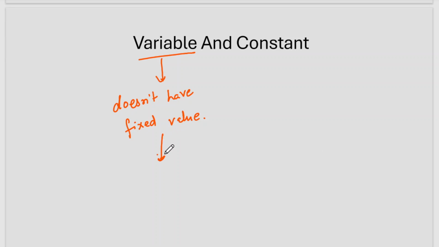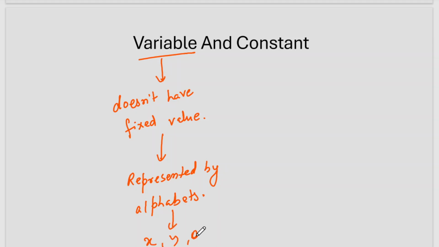And it is represented by, or you can say denoted by, alphabets. Examples can be written as x, y, a, b, etc. The value of variables doesn't have any fixed value.